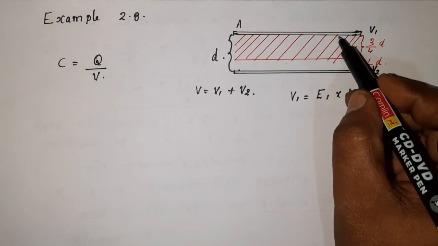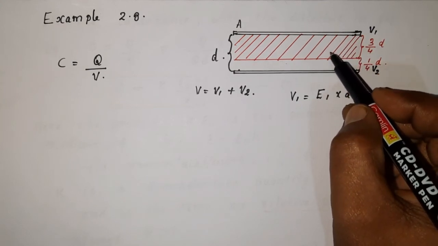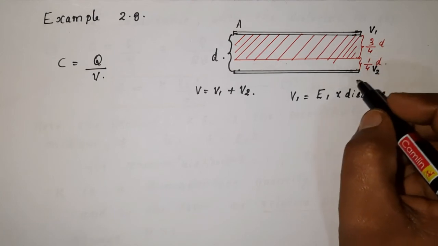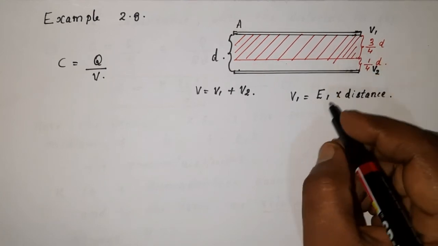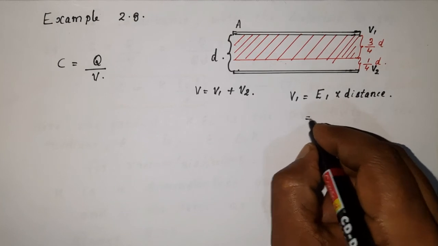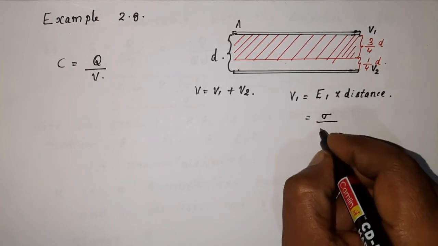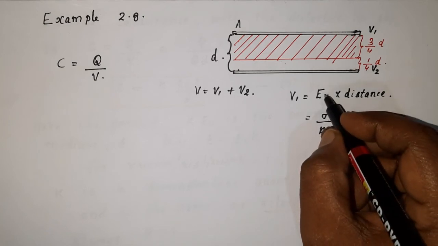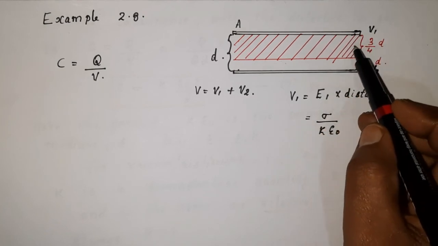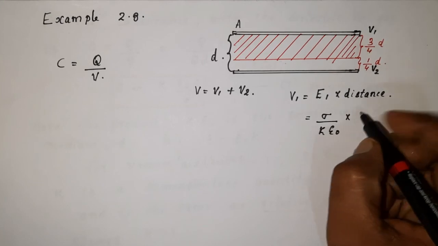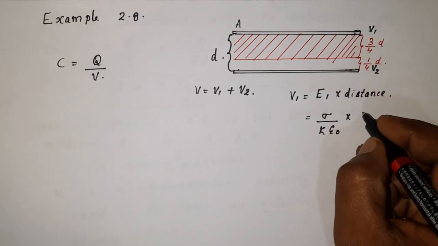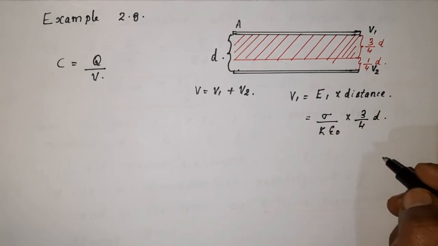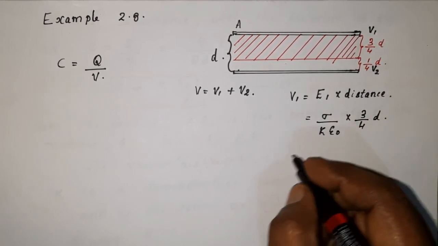E1 is the electric field in the place where the dielectric is present. You know, the electric field in the presence of dielectric is sigma by K epsilon 0. So V1 is sigma by K epsilon 0 into 3/4 into D.